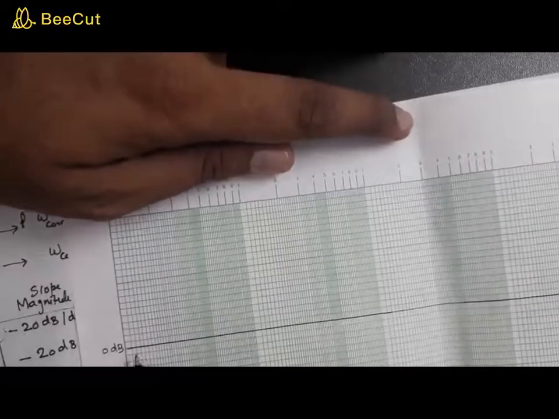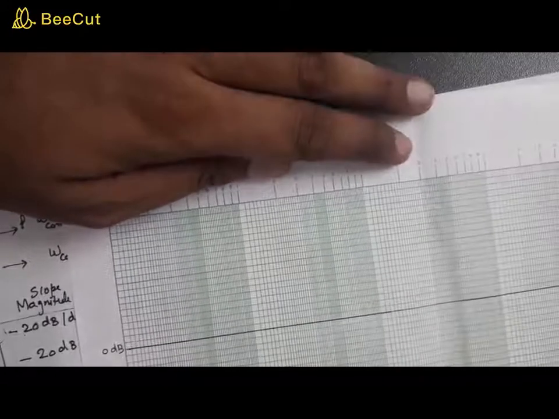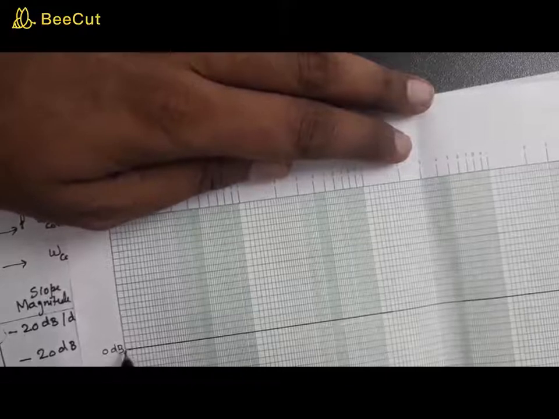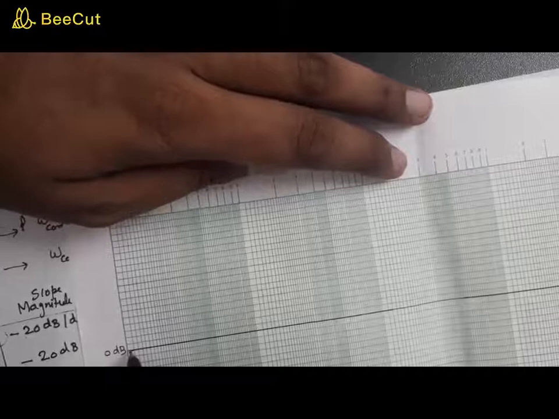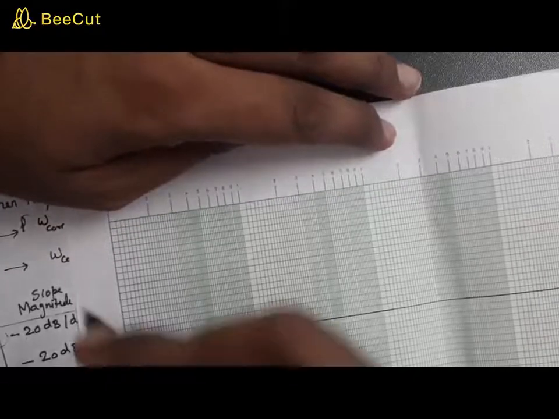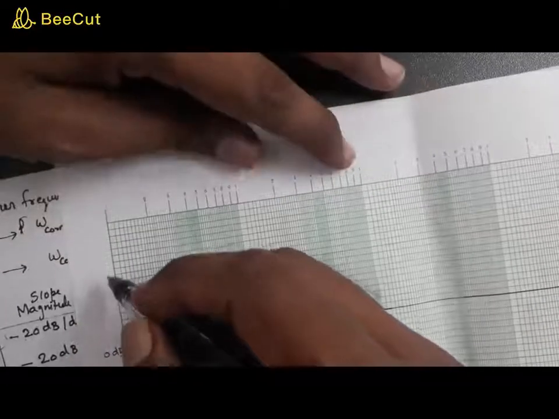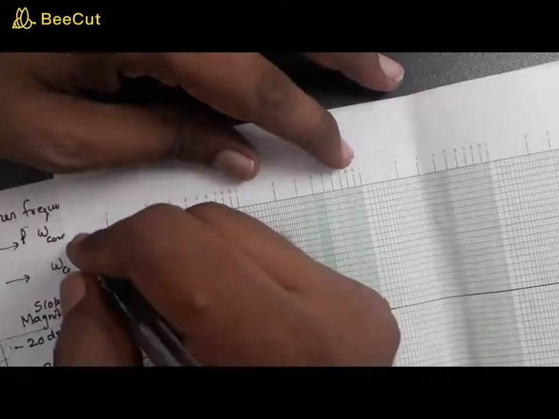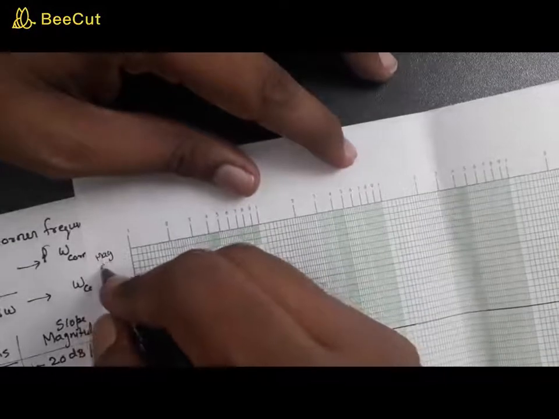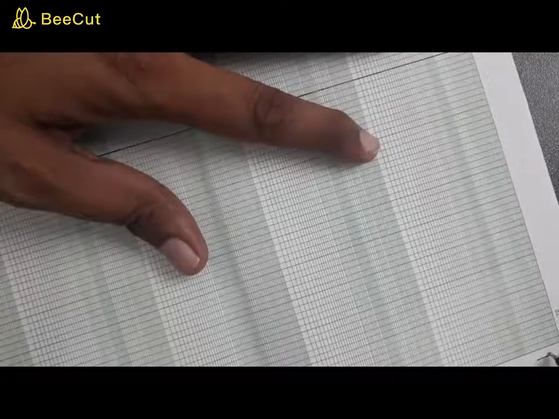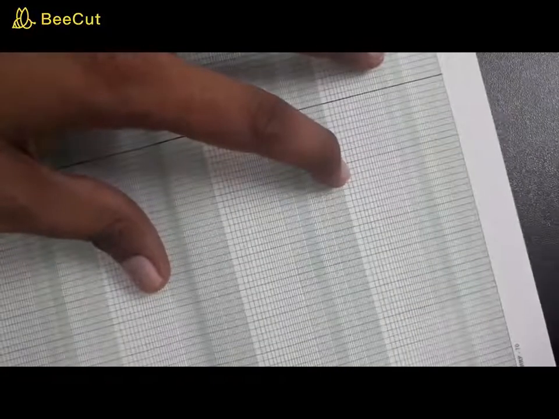So here is the semi-log graph paper. Along this, I'm marking this axis as the 0 dB axis. Along the vertical line you can mark the magnitude, so this side I am using for magnitude in decibels, while this is the logarithmic frequency, or logarithmic omega.